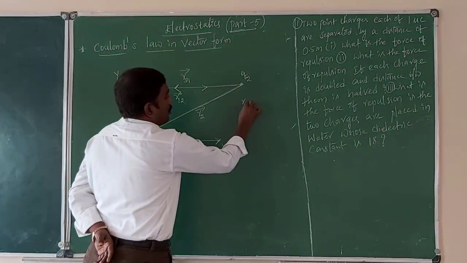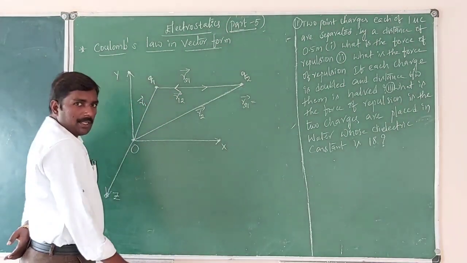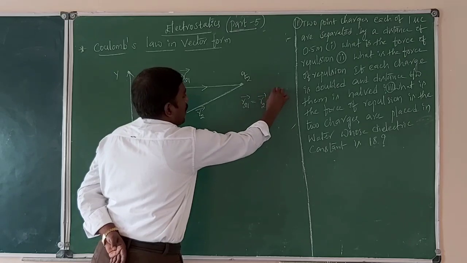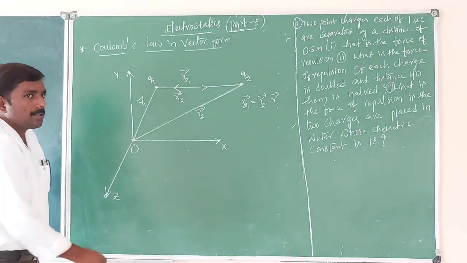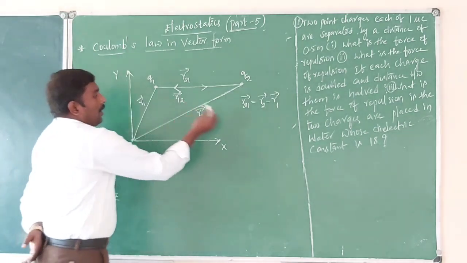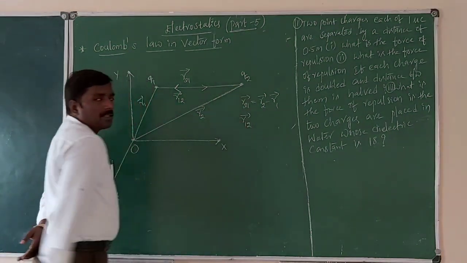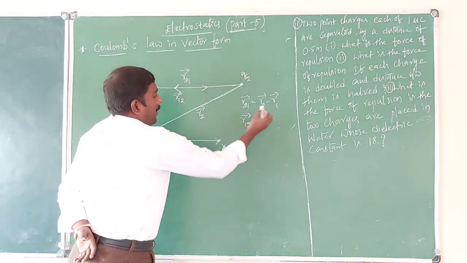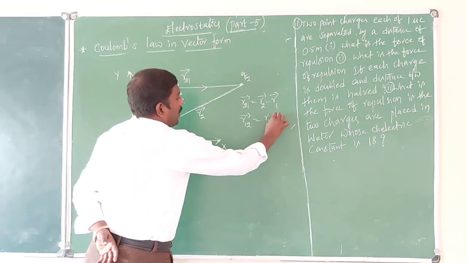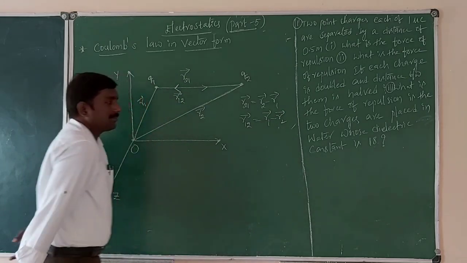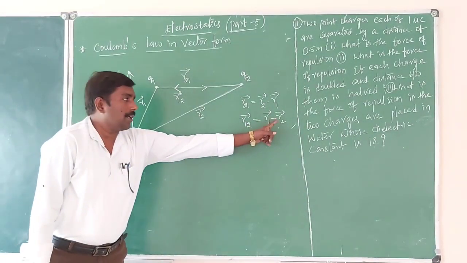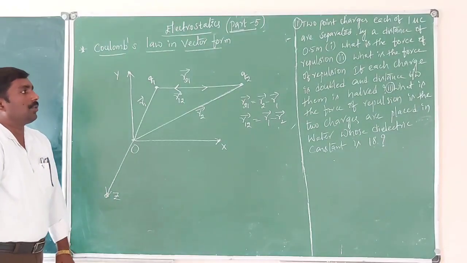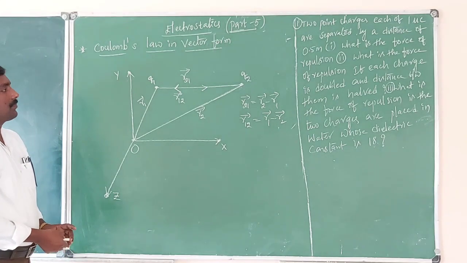Similarly, vector R12 means the separation of vector R1 and vector R2 gives the R12 vector. Okay.